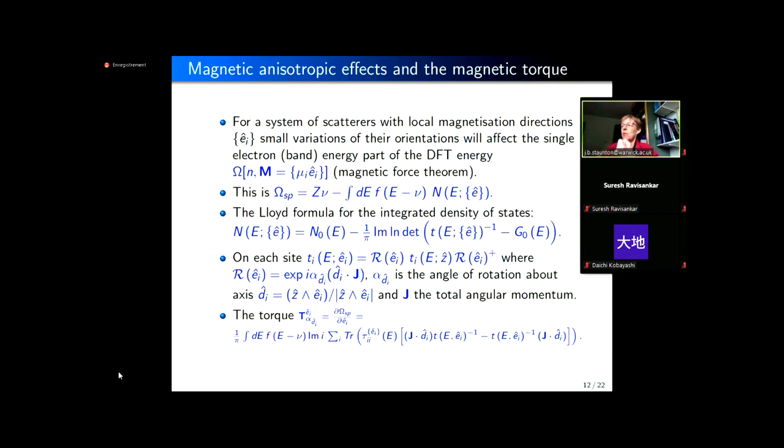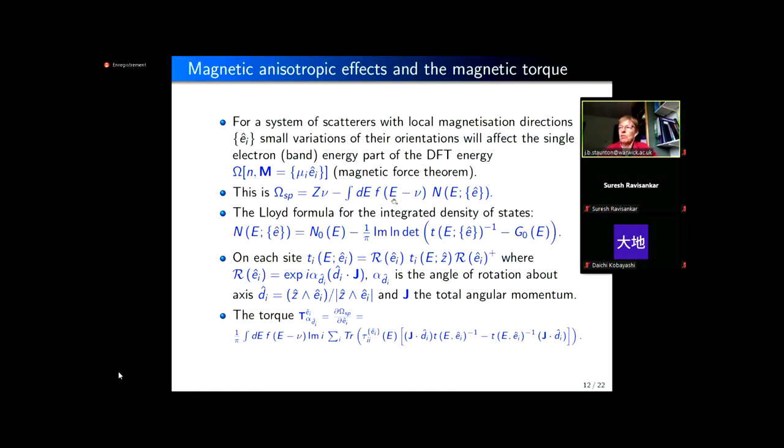So that'd be a sum over e, all the occupied states. In the scattering theory, this will be an integral of energy and the density of states up to the Fermi energy. So E times little n, the density of states.